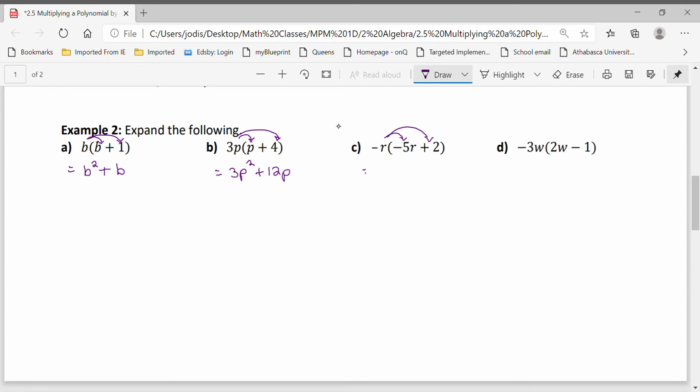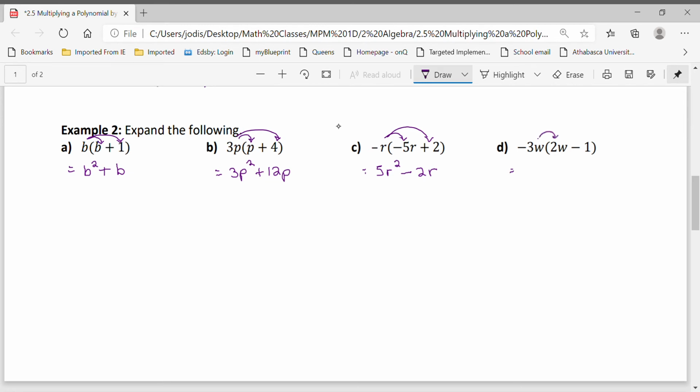Again, negative r times negative 5r, a negative times a negative is a positive, so that gives us a positive 5 r squared. Now here, negative r times 2, a negative times a positive is a negative, and 2 times r is 2r.